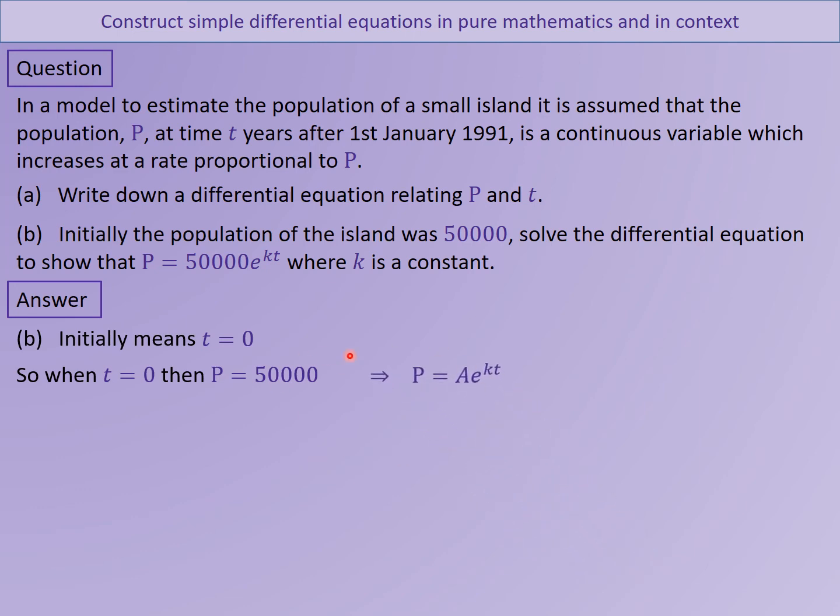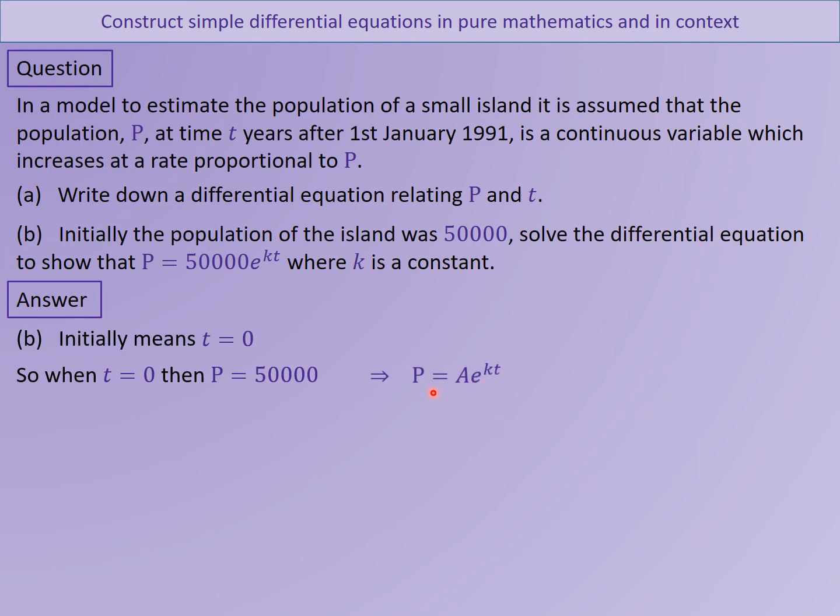This is why it's important to rearrange it into this form. Now that I've got it in this form, I notice that when I put 0 into it, this part here, k, can be completely ignored, because k times 0 is just going to be 0. e to the power 0 is just going to be 1, not 0. Be careful. e to the power 0 is 1.